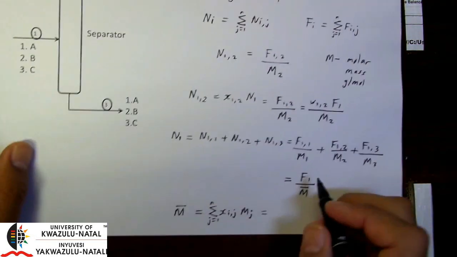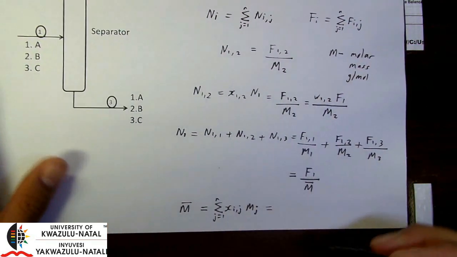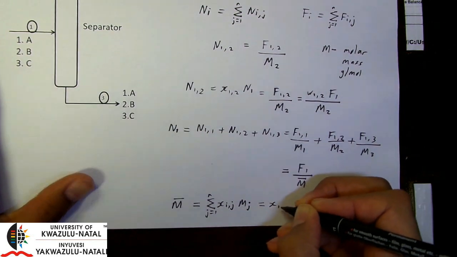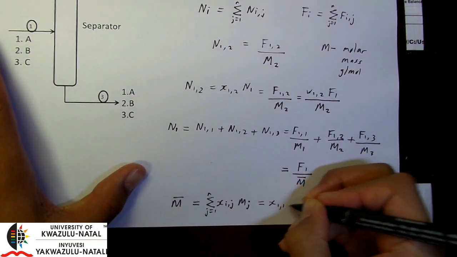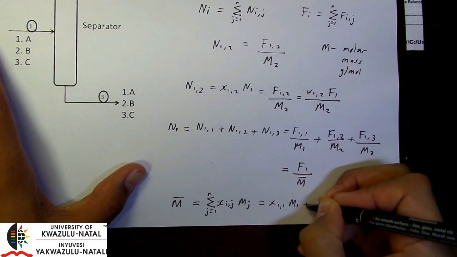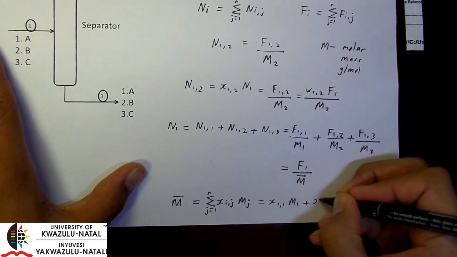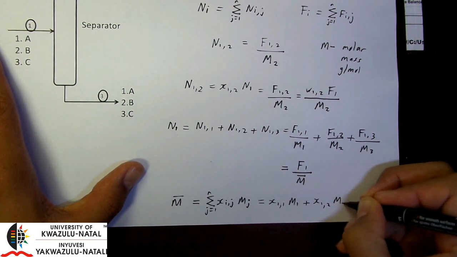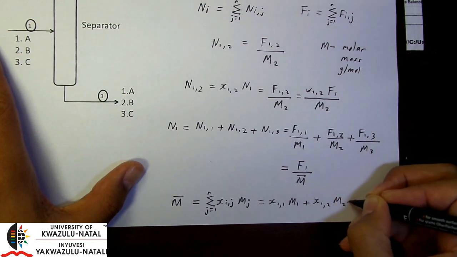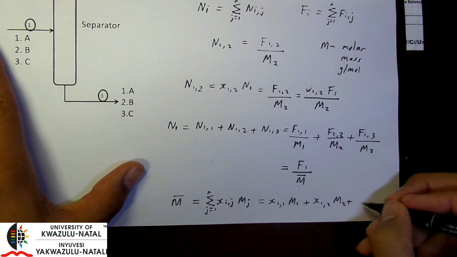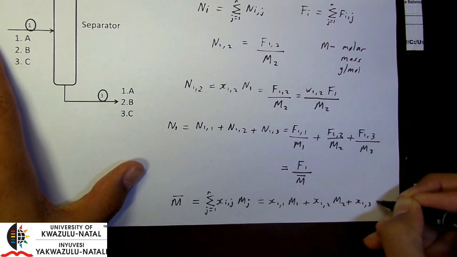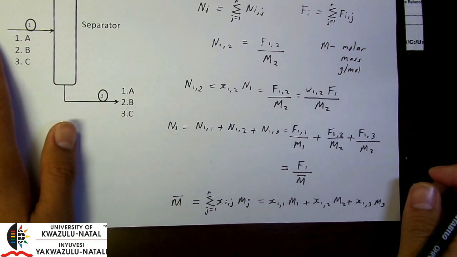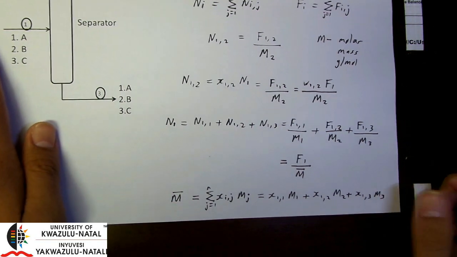So in the case of stream 1, for example, this can open up.